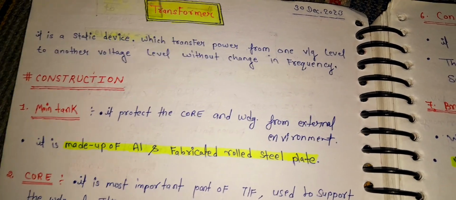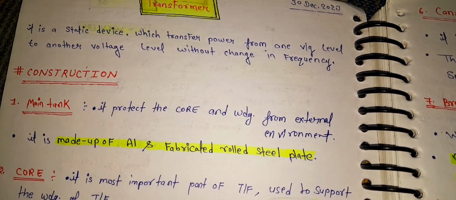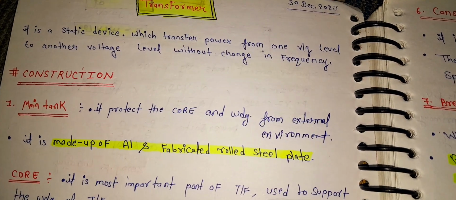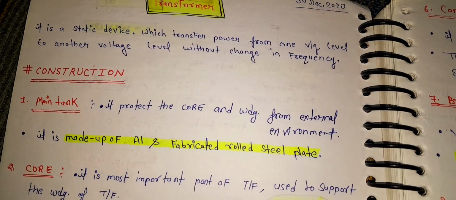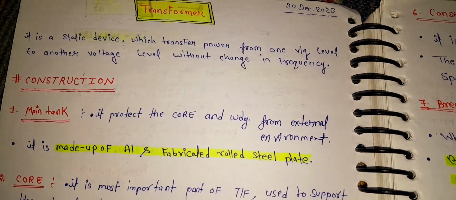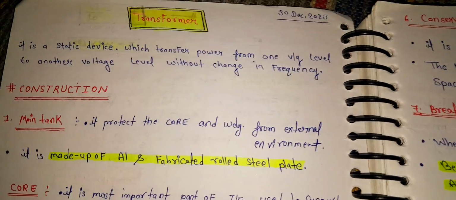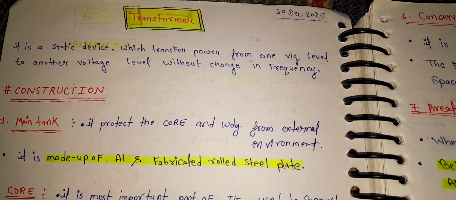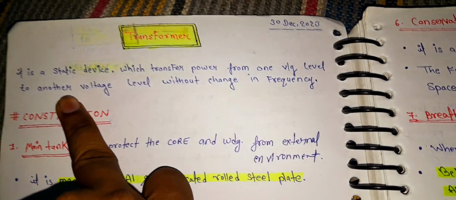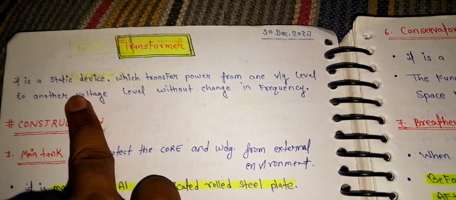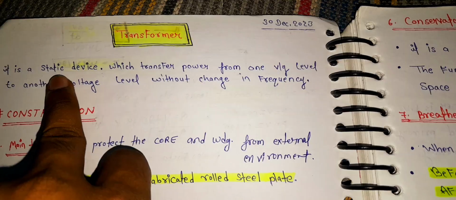It cannot change power or frequency; it only steps voltage up and steps voltage down. Because of this, we call a transformer a static device.